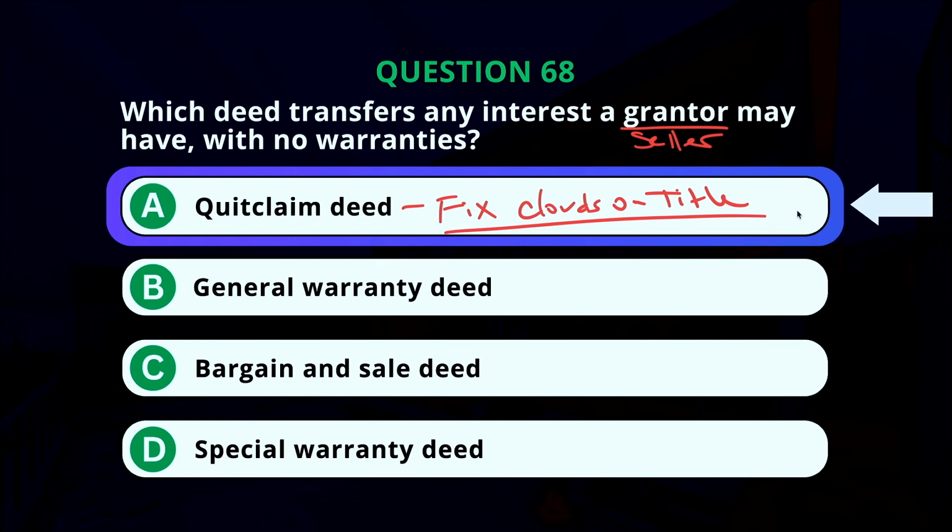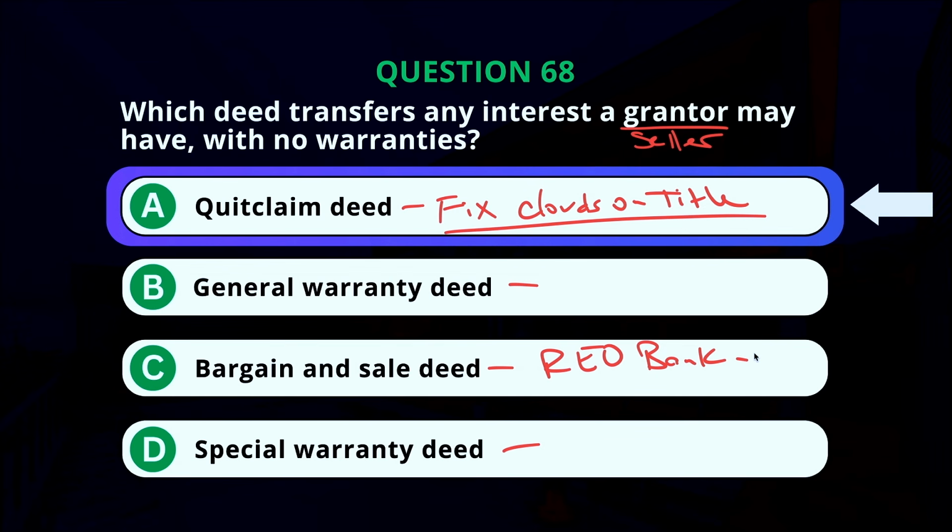General warranty deed and then the special warranty deed are the 2 general deeds of conveyance. And then the bargain and sale deed, we also have no promises, no covenants, no warranties whatsoever. So you often see these with real estate owned by the bank. And they'll convey that. So you want to check with your local state, figure out what type of deed they use to convey, generally speaking.